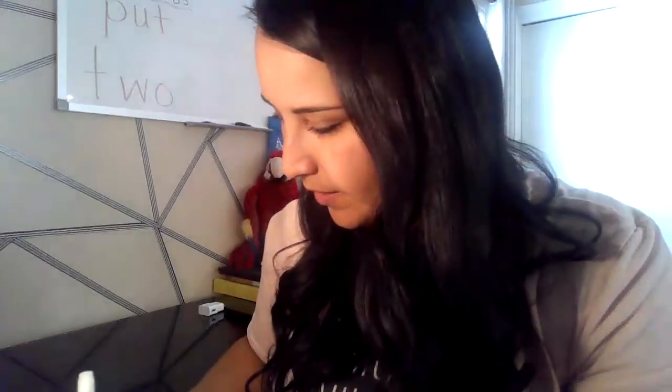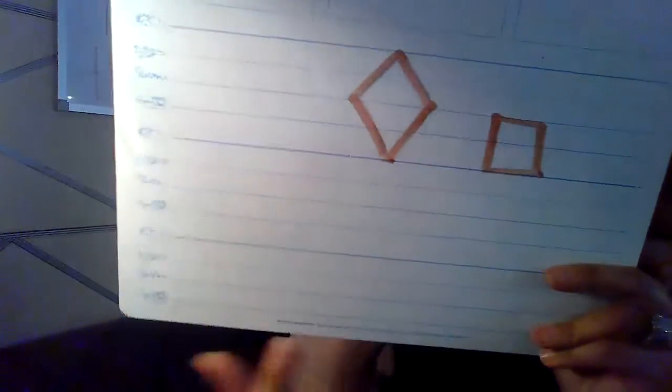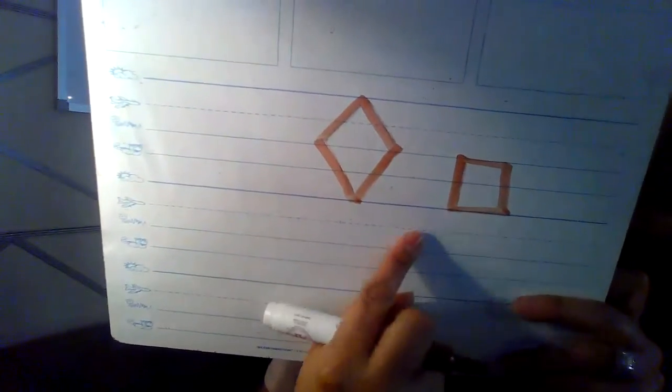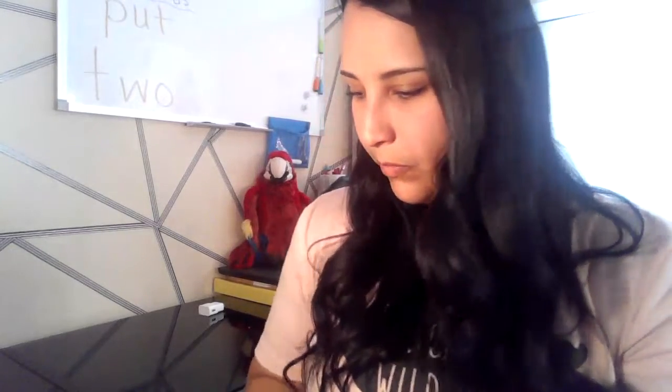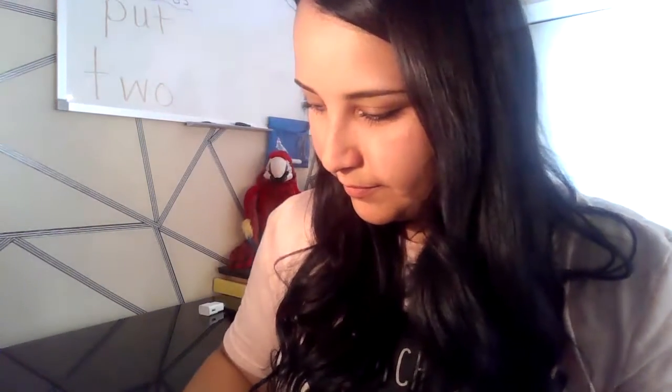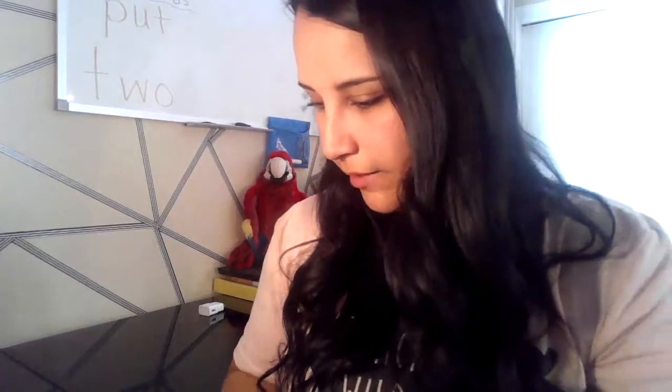So instead of having it look like a square, like this, remember this is the square and this is a diamond, or the fancy word is rhombus. Rhombus. And again, it has 4 sides and 4 corners.